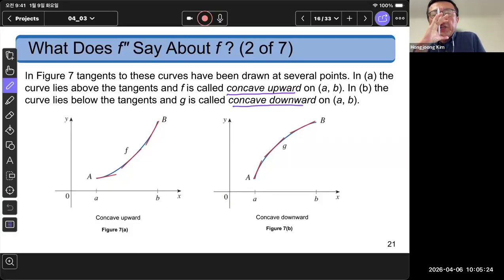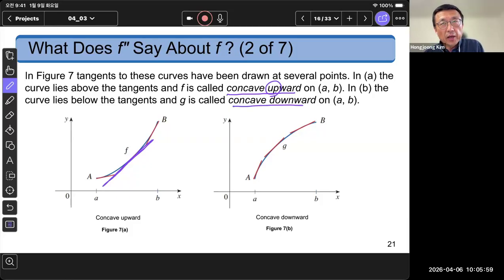Then what is the definition of being concave upward or concave downward? In figure 7a, I said the curve is concave upward. That means, when you draw the tangent line, your graph is above the tangent line on that interval.